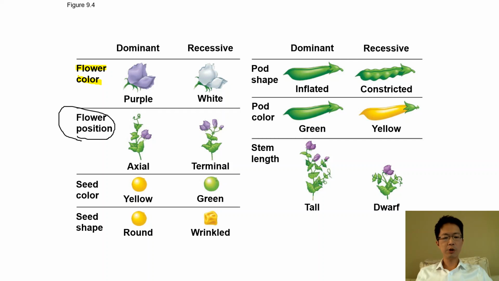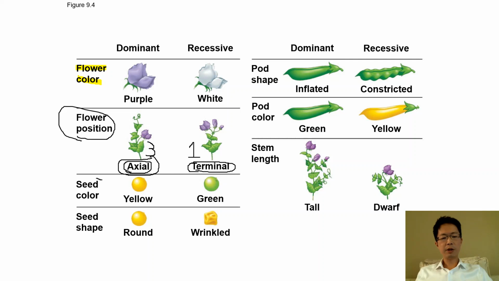So you got the purebred axial and purebred terminal, and then he did the crossing between the parents, and they got the F1 generation. Then all the F1 are axial, and then he crossed the F1 generation with each other. He got 3-to-1: 3 axial and 1 terminal in the F2 generation.